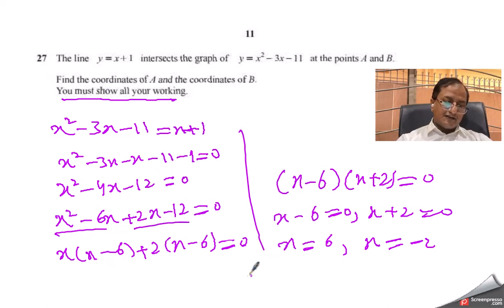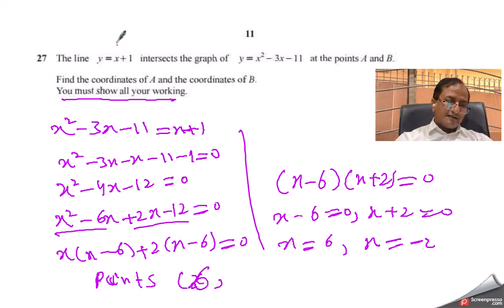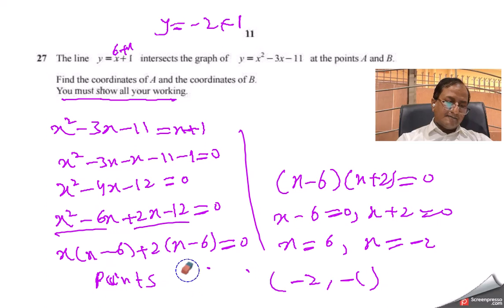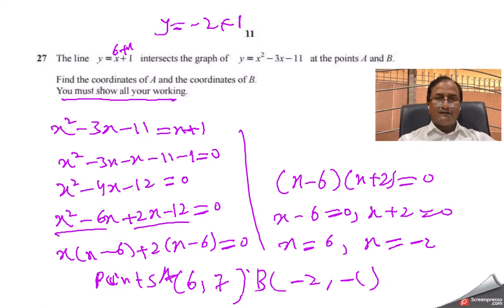When x equals minus 2, y is minus 2 plus 1, which is minus 1. So one point is (6, 7) and the other point is (-2, -1).